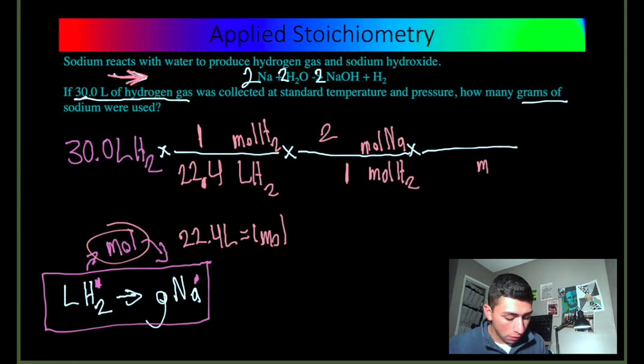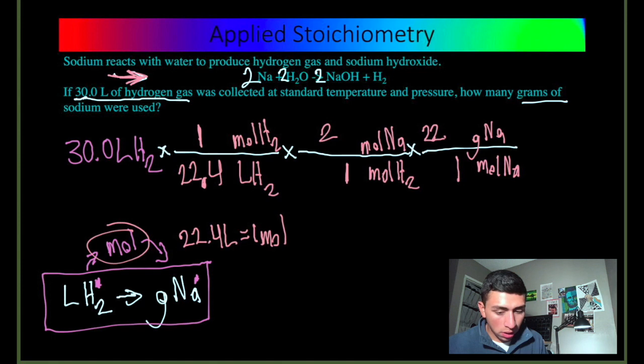For every 1 mole of sodium, this is where we use the molar mass of an element, when going from moles to grams of an element, or from grams to moles. The molar mass of sodium is 22.99 grams. That means that for every 1 mole of sodium, you have 22.99 grams of sodium.